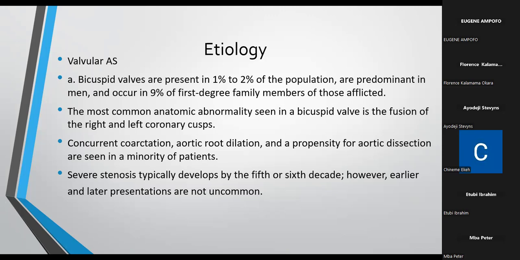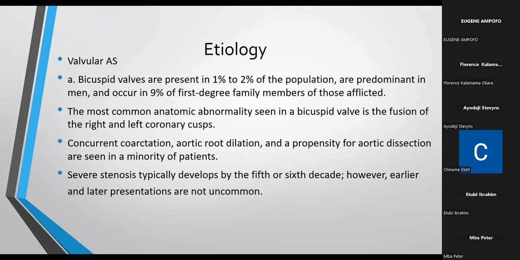It is present in 1 to 2% of the population and is predominant in men, occurring in 9% of first-degree relatives of those affected. The most common anatomic abnormality seen in bicuspid is the fusion of the right and the left coronary cusps.